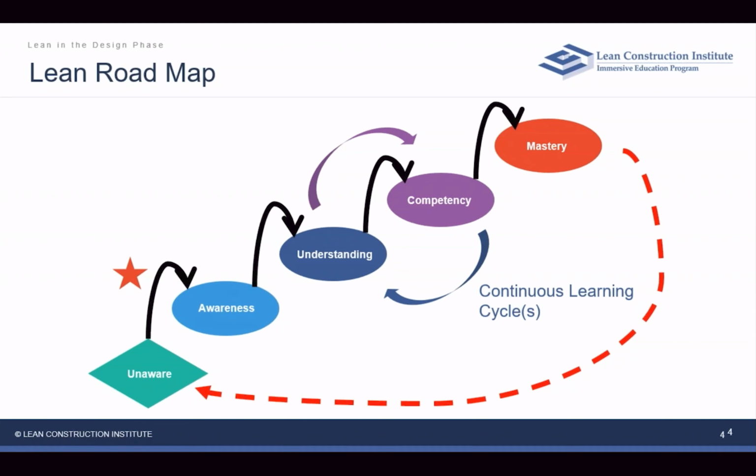Note that as one moves up from understanding to competency, the journey takes us on a continuous learning cycle. And often when we're actually practicing whatever that particular skill is that we're learning, we'll get into continuous learning cycles of understanding and doing, and then getting to mastery often means that you figure out how much more you don't understand and you come back to the unaware.